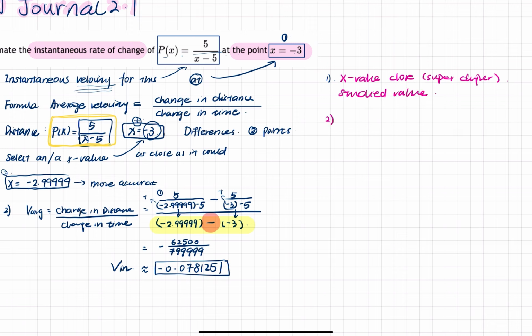Next, we're going to be utilizing the formula for average velocity, which is change in distance over change in time. And then number 3, you'll simply plug in the x values and pay attention to the sign changes. Better to have parentheses.